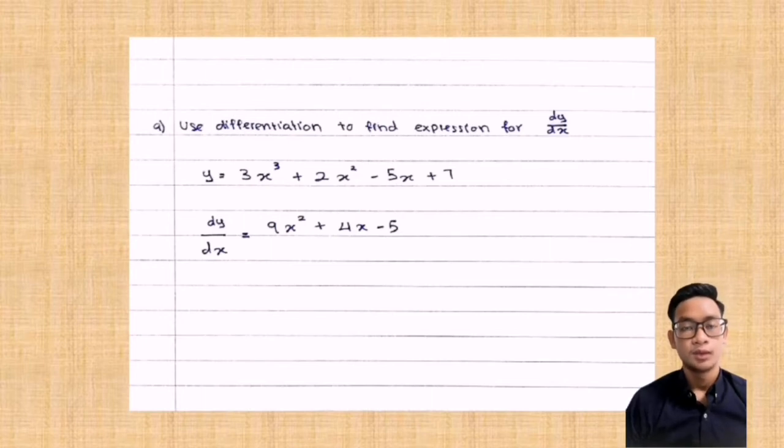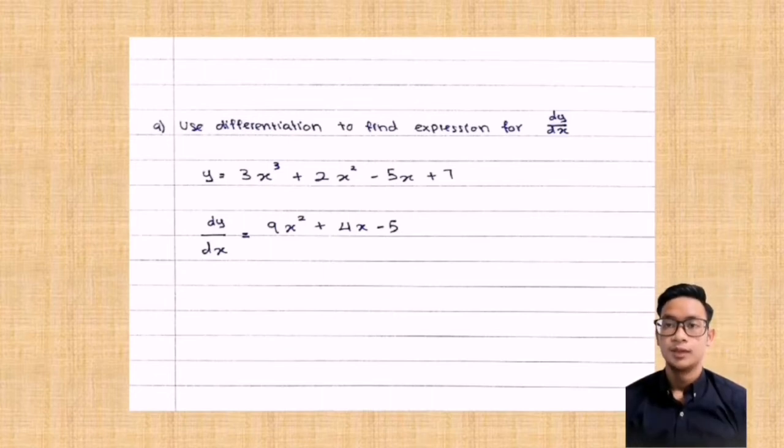Firstly, the power of 3 must be multiplied by 3 and the power of 3 subtracted by 1, and we got 9x squared. Second, the power of 2 multiplied by 2 and the power of 2 subtracted by 1, and we got 4x.